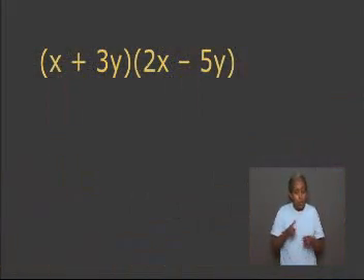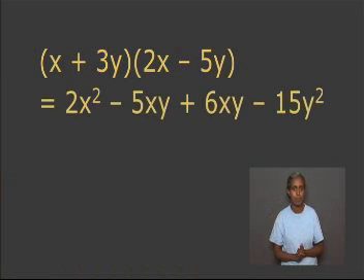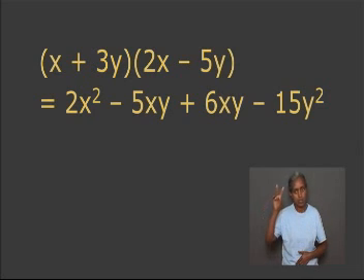Welcome back, students. Multiplication of variables is very simple for you now, is it not? When we multiply x plus 3y times 2x minus 5y, it equals 2x squared minus 5xy plus 6xy minus 15y squared.